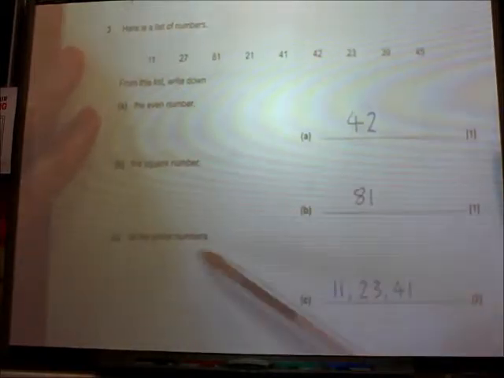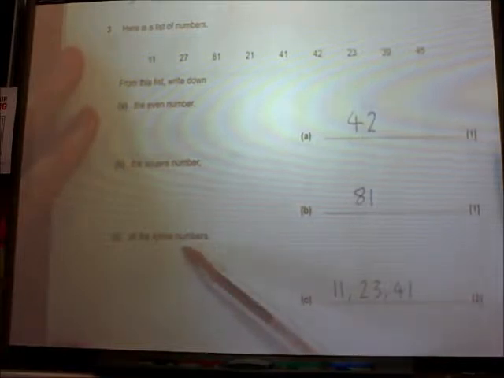A prime number is a number that only has 2 factors, so that means it only has 2 numbers that go into it.